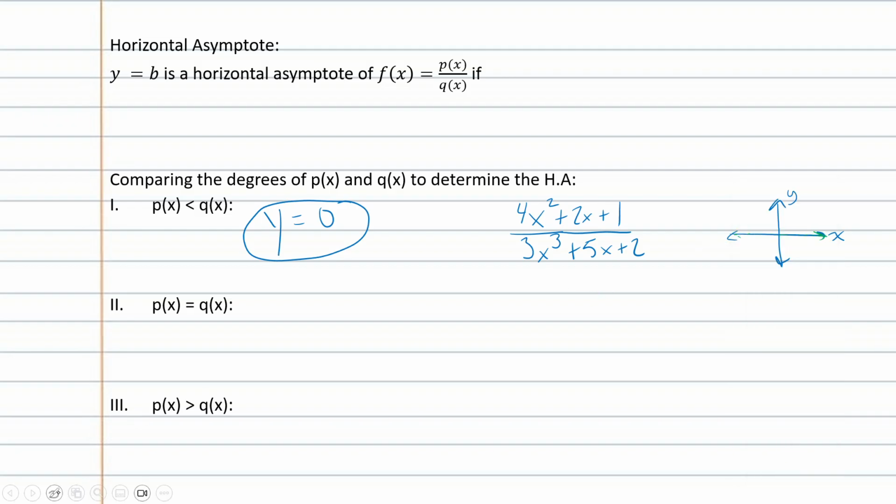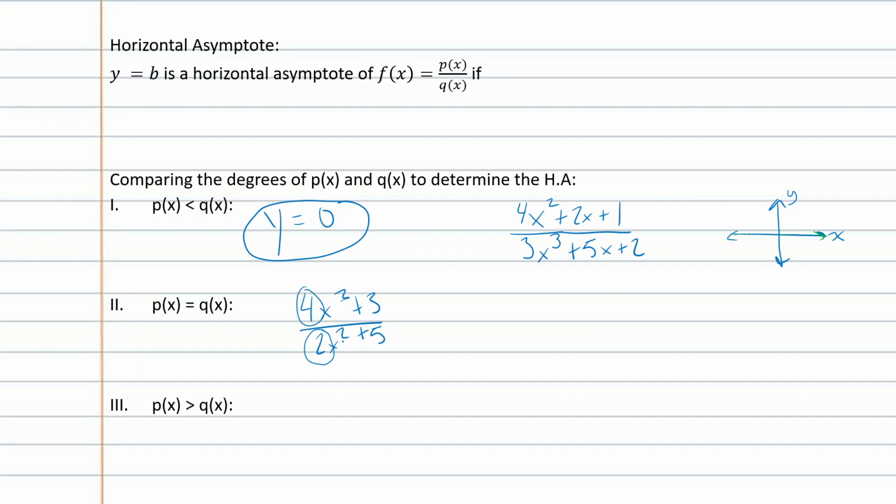Now for the second rule, when the degree of p of x equals the degree of q of x, you would look at the number in front of the variable with the highest degree for both. So if you had, say, 4x squared plus 3 over 2x squared plus 5, you would look at the coefficient of the variable with the highest degree on both.